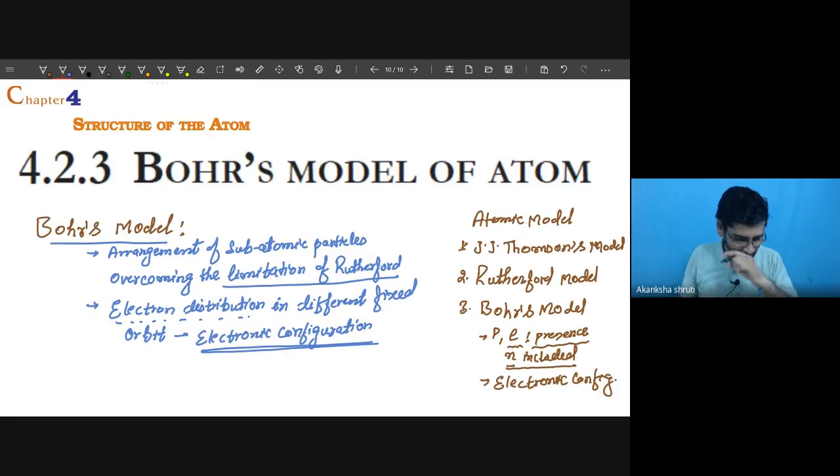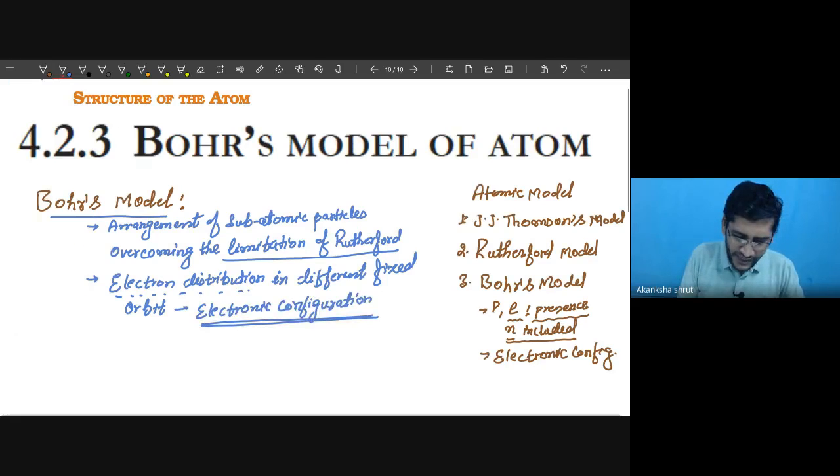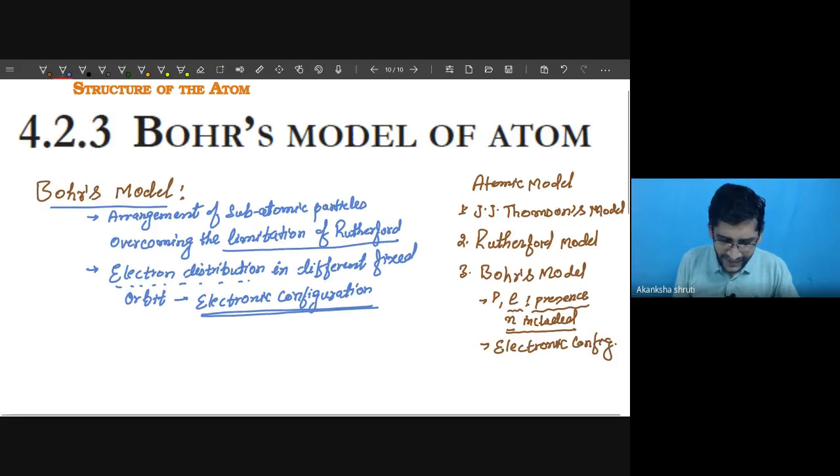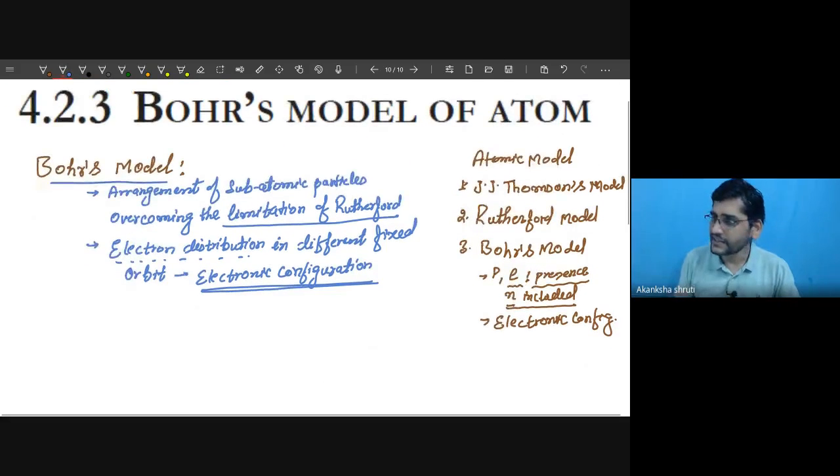So students, according to Niels Bohr, whatever the model given by Rutherford is true or partly true, but whatever Rutherford has left untouched, that the electrons are revolving around the nucleus, he gave a modified version of that.